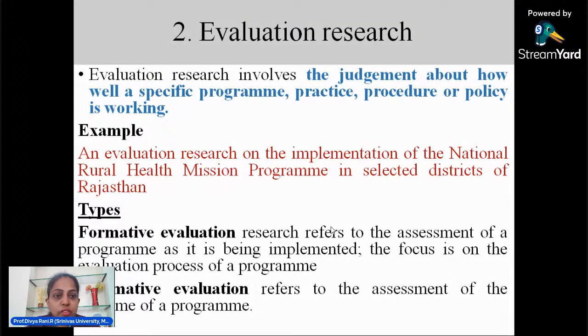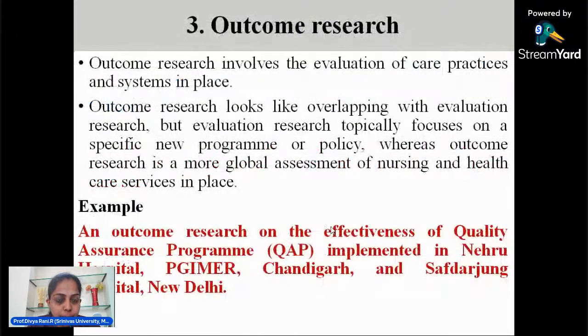There are two types: formative and summative evaluation. Formative means you assess and evaluate while the program is taking place. If at the end of the program you evaluate to know its outcome, it becomes summative evaluation. Next slide.